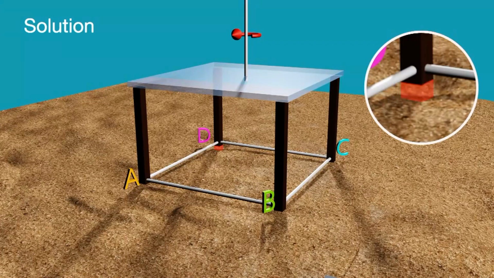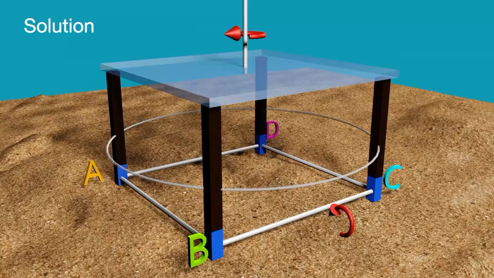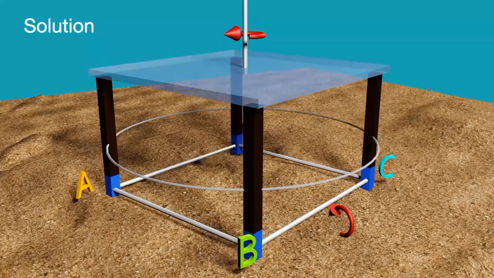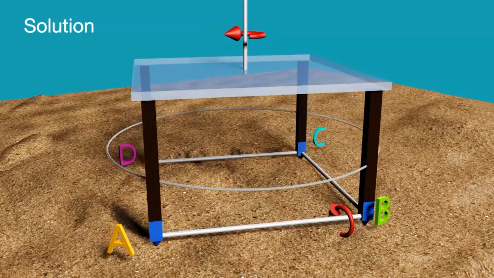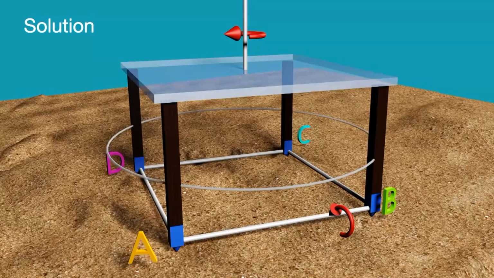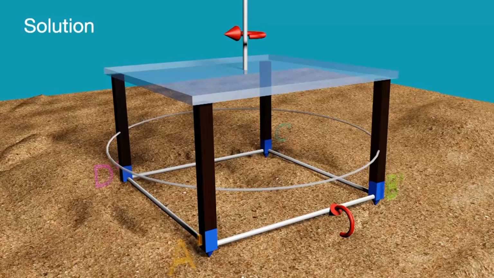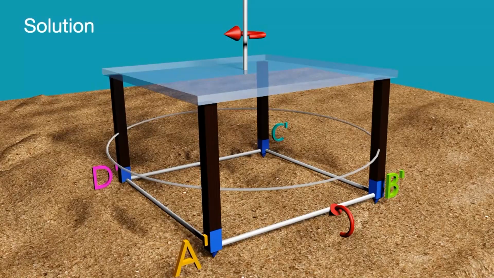The rotation is in such a way that A, B, C stay on the ground. So, this rotation brings A to A dashed, B to B dashed and C to C dashed.